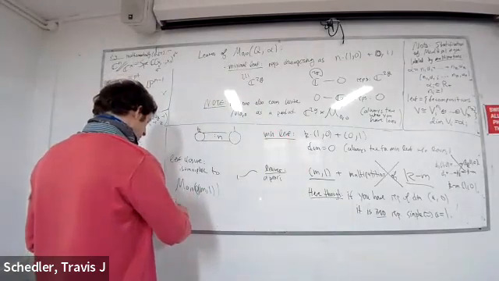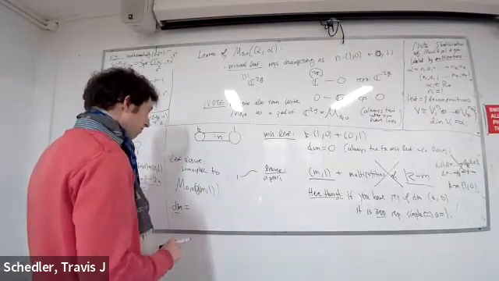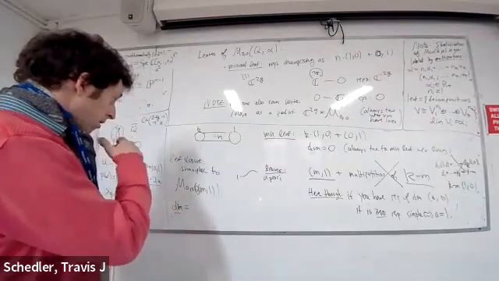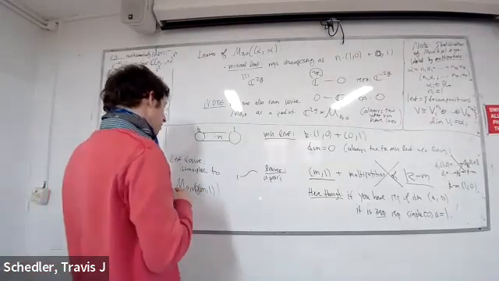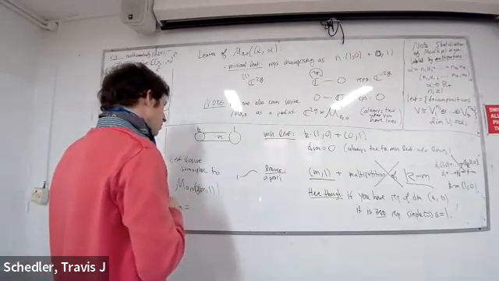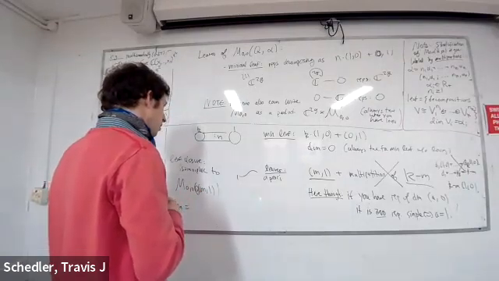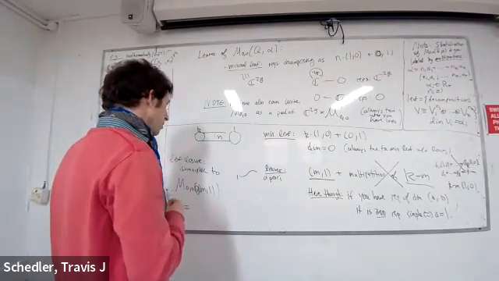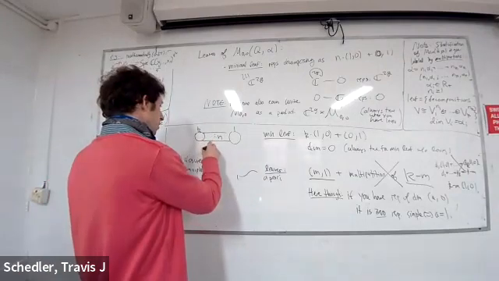The dimension of each of the leaves is equal to the dimension... we're going to have to make an assumption here. Let's assume that n is bigger than 1, probably.